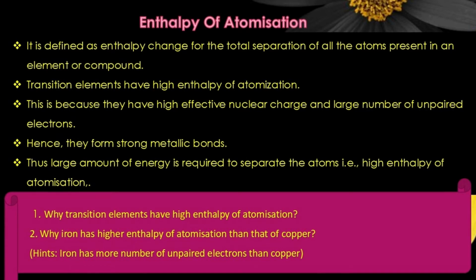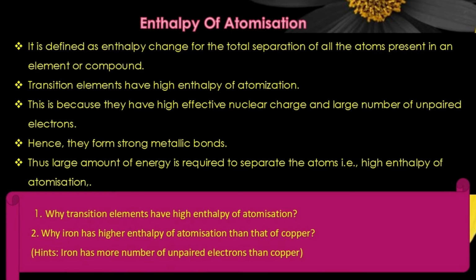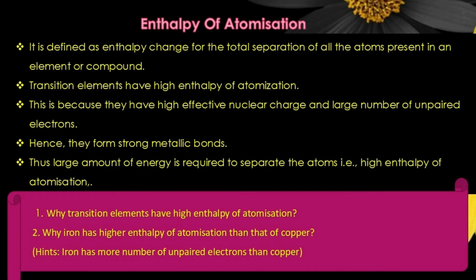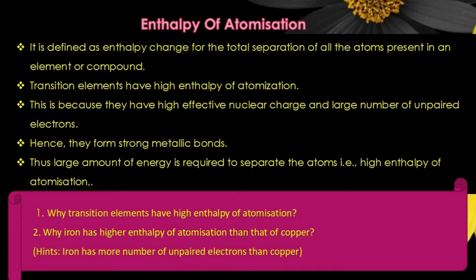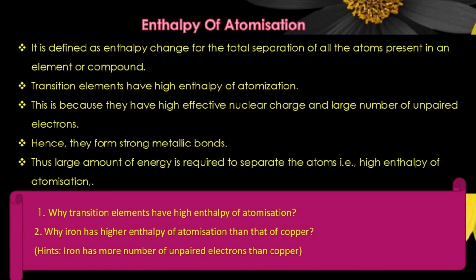The electronic configuration of iron is argon 3d6 4s2, so it has 4 unpaired electrons. The electronic configuration of copper is argon 3d10 4s1, so it has 1 unpaired electron.